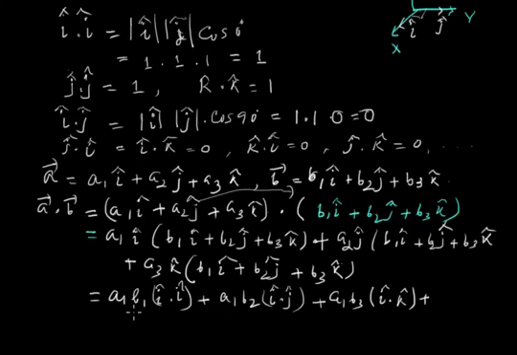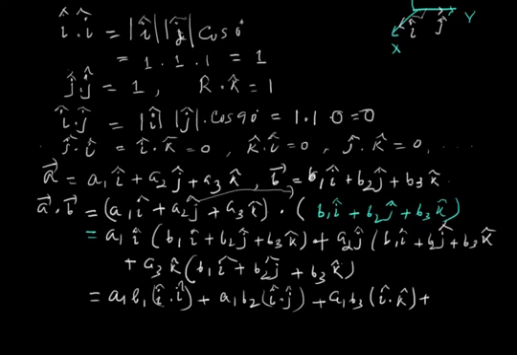Now see, after multiplication with A1, we are getting I dot I, which is equal to 1. So it is only A1 B1, but the remaining part, I dot j, is equal to 0 and I dot k is equal to 0. So only left is A1 B1.